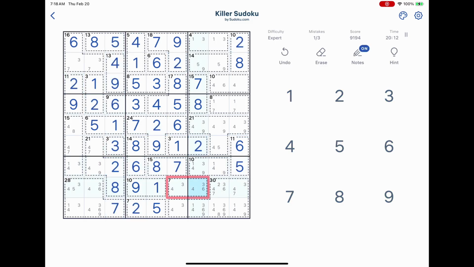Balance the 7 sum in row 8. Apply the 3-4 double to row 8.